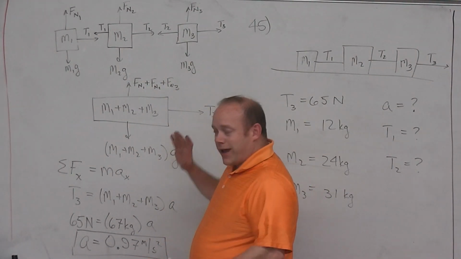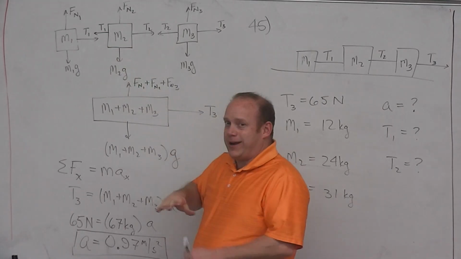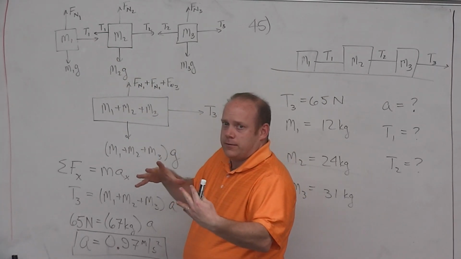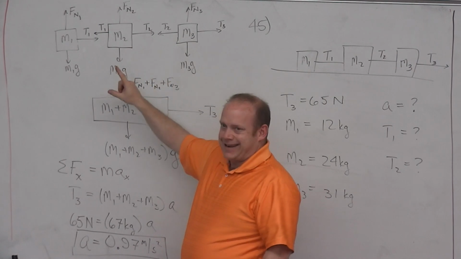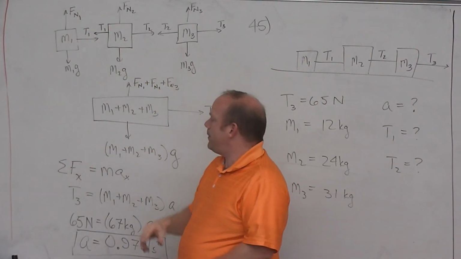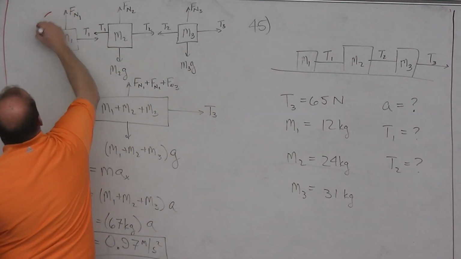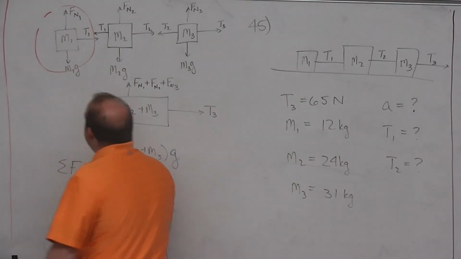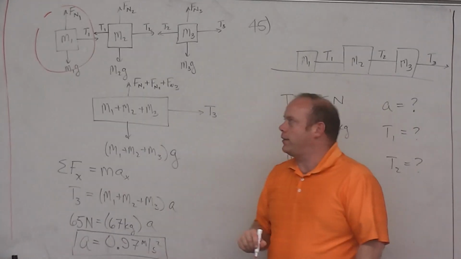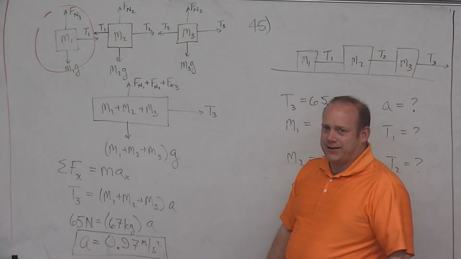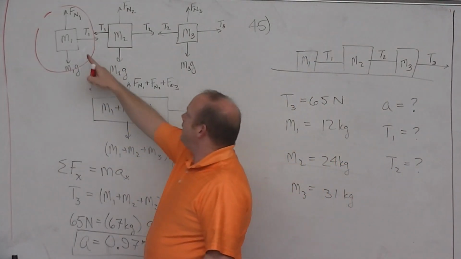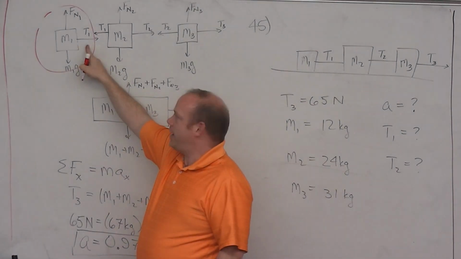Okay? So now, if we're going to find T1 and T2, we can't look at it as a whole system. We have to isolate these into their own. So now I'm going to isolate M1. The reason why I want to isolate M1 is that it only has one horizontal force acting on it.